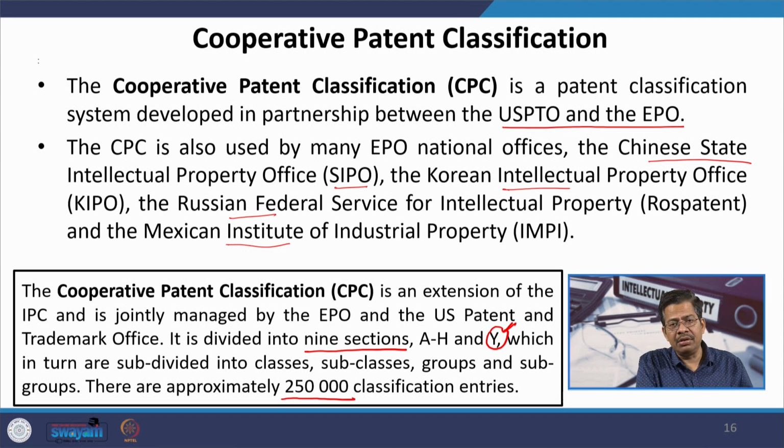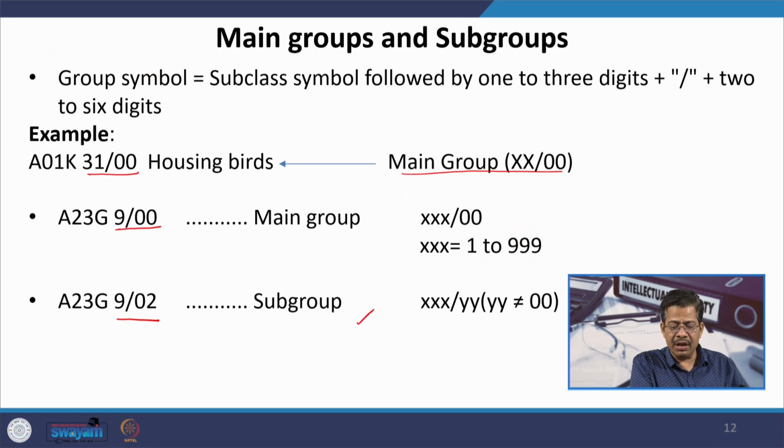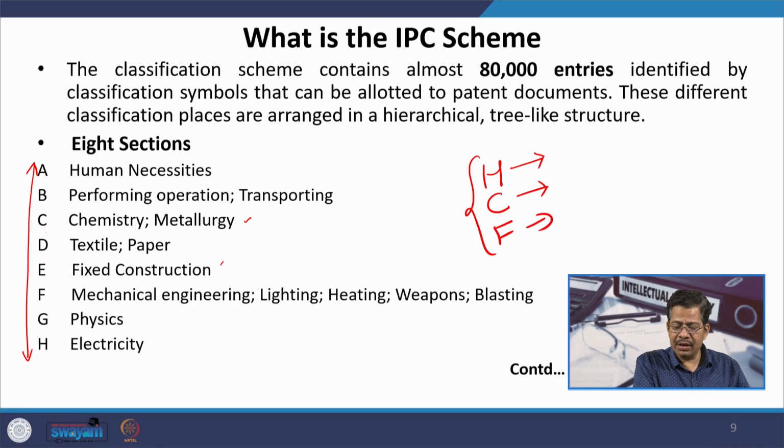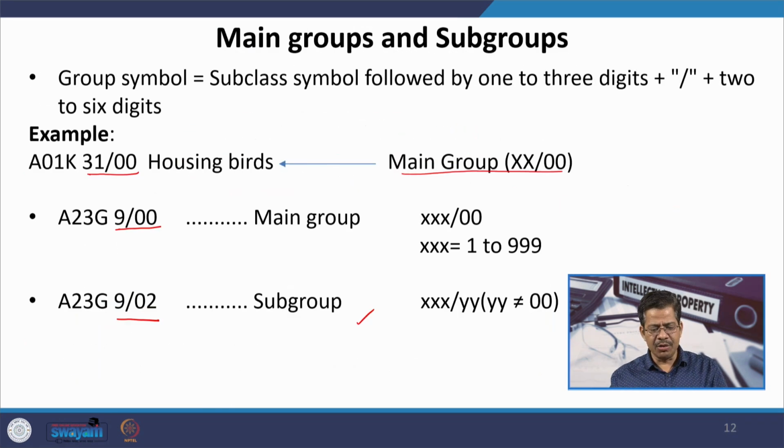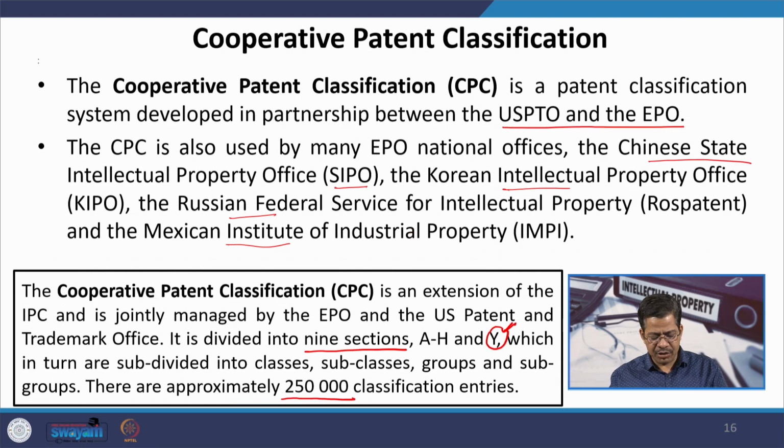It is around 2,50,000 entries in CPC, while if you remember, the number of entries in IPC is around 80,000. I think it has 3 times more classification entries as compared to IPC.